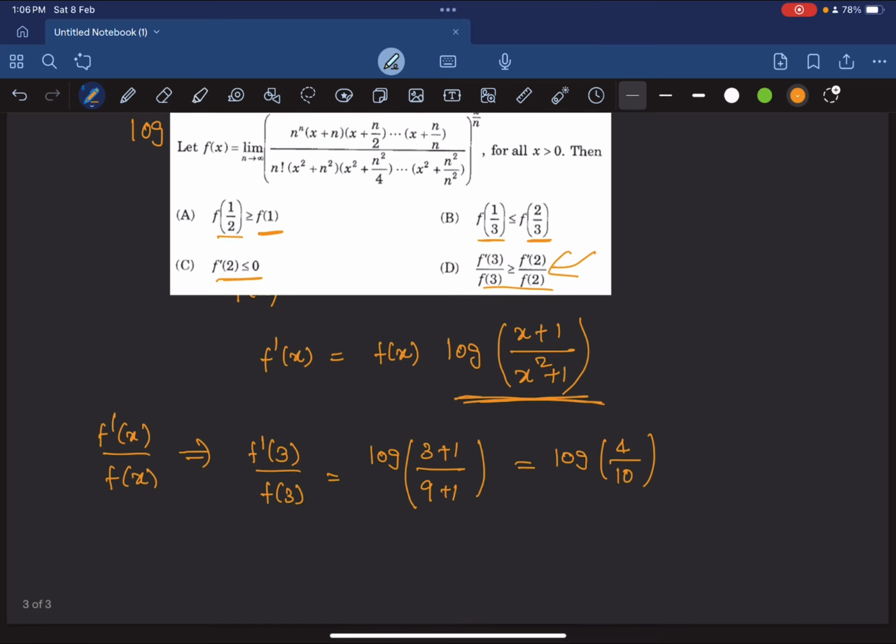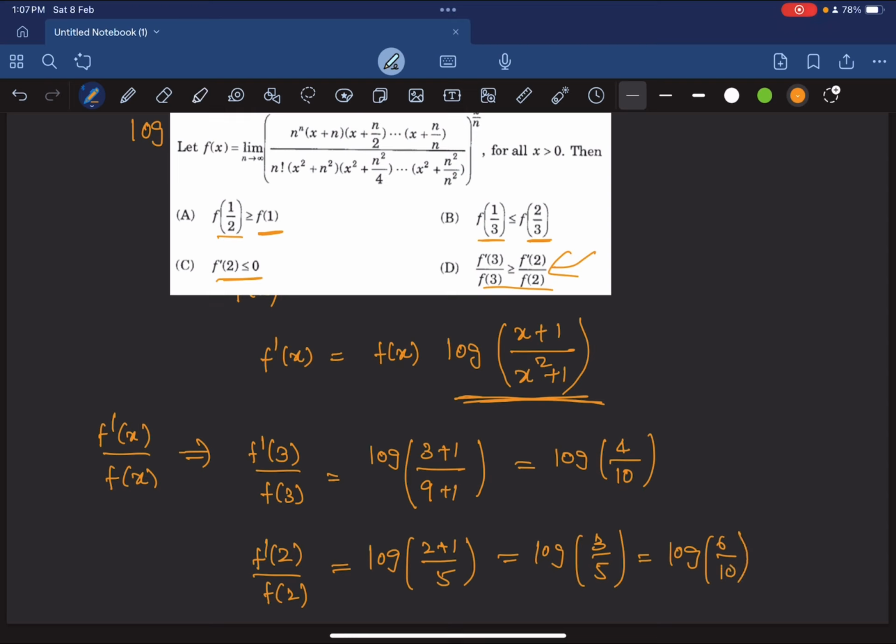Alright. Now let us find out f dash of 2 upon f of 2. So that will be log of 2 plus 1 by 2 square plus 1. So that is 5. So this is log 3 upon 5. So this can be written as log 6 upon 10. Alright.